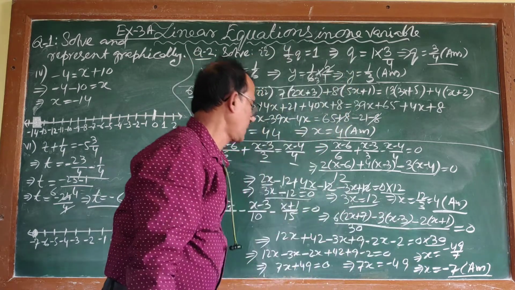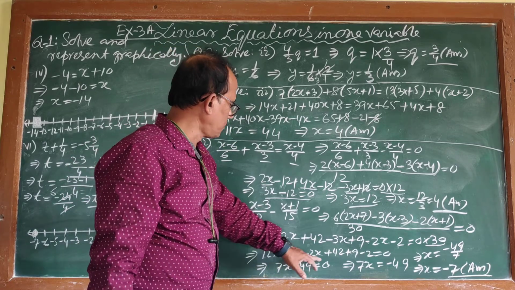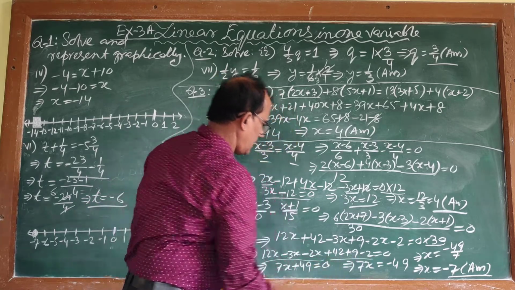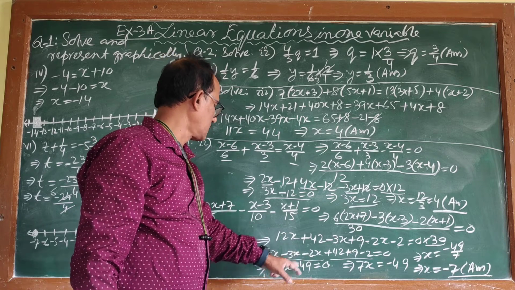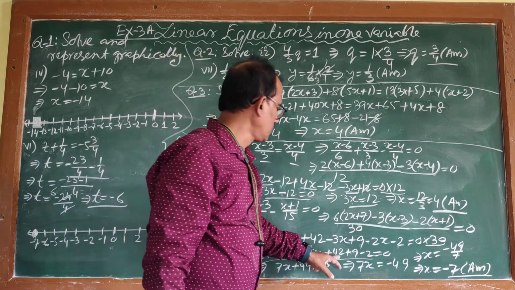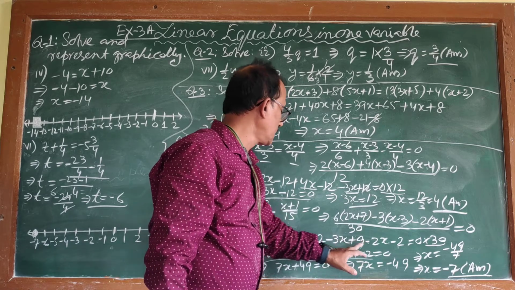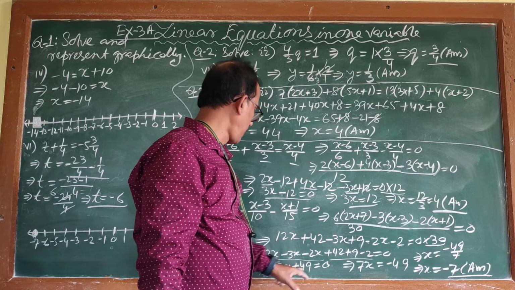Okay, you have written that down. Now all the x terms you have kept together. These are the x values and these are the numerical values. If you solve the x terms, 12x minus 3x minus 2x, so 12x minus 5x will be 7x, and 42 plus 9 will become 51. 51 minus 2 is 49. So 7x plus 49 is equal to 0.